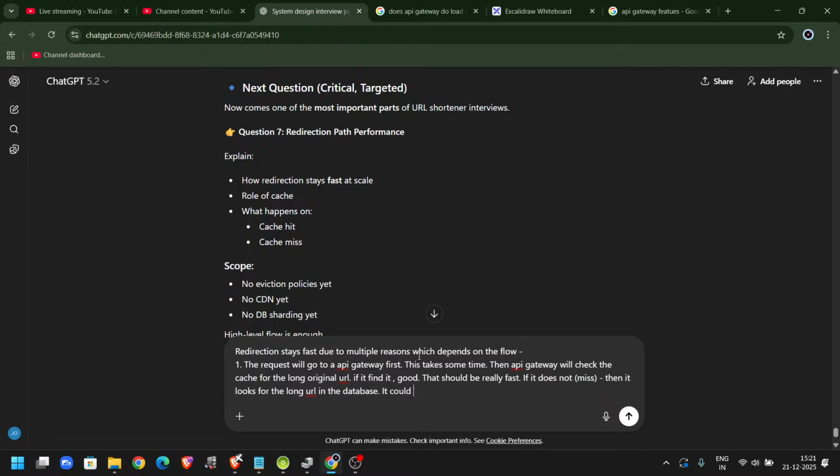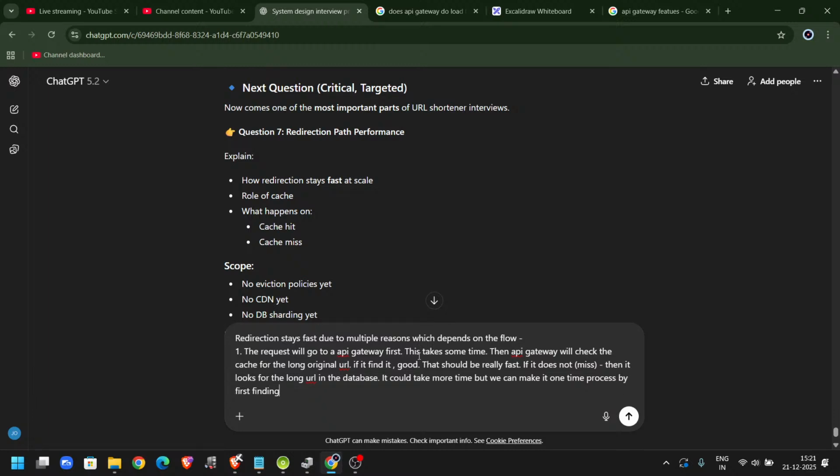It could take more time, but we can make it one process by first finding it and then adding it to the cache, so next time the cache is hit.